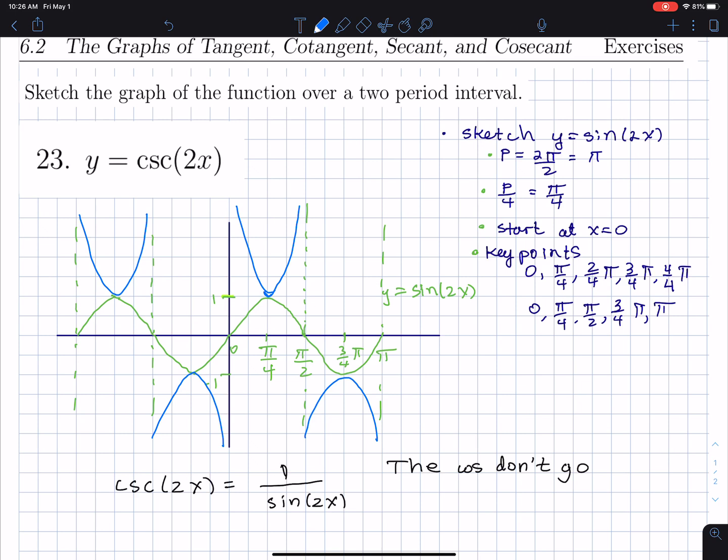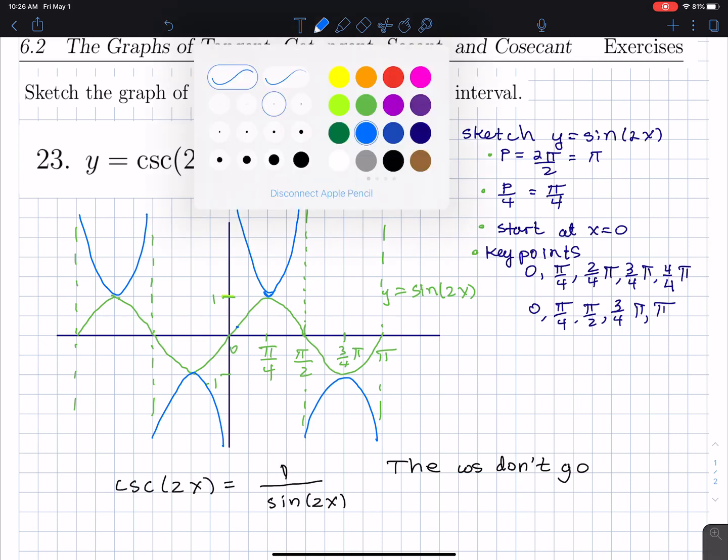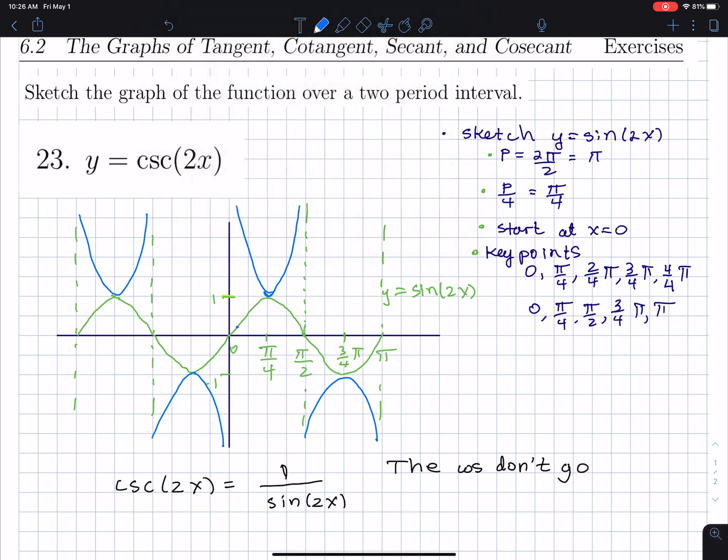Let me just briefly say, say I have this point right here where I just put a little dot there. Say that y is 1/4 on the sine graph. Well, that part in blue is the cosecant graph.